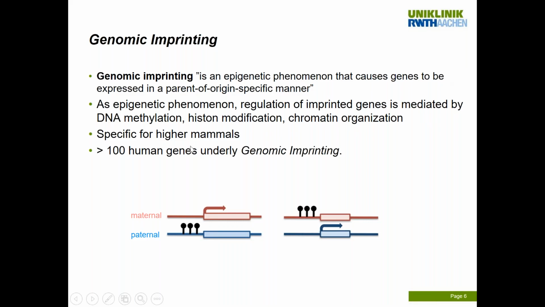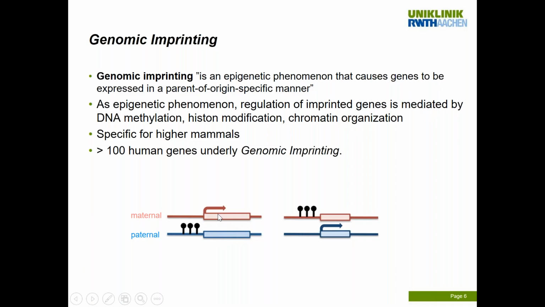This means that we have up to 100 genes in the human genome which are expressed only in a monoallelic manner. That means we have genes which are expressed only from the maternal allele or only from the paternal allele.